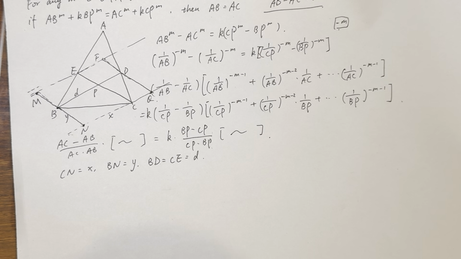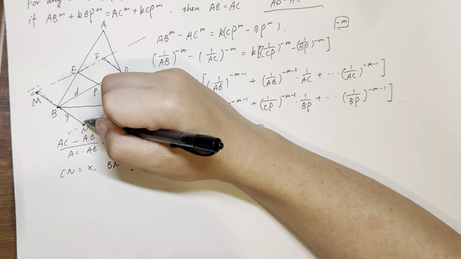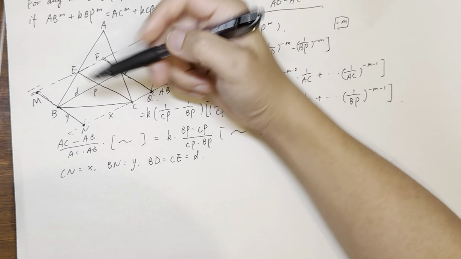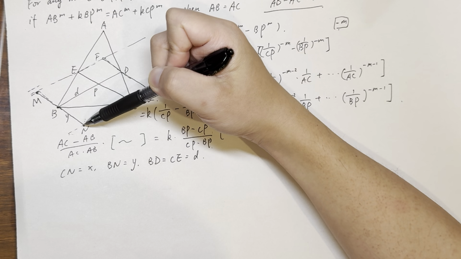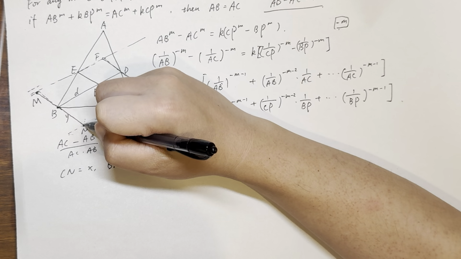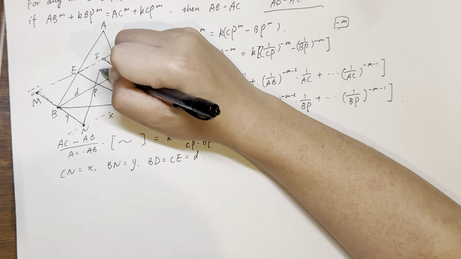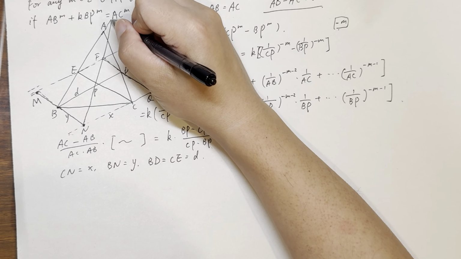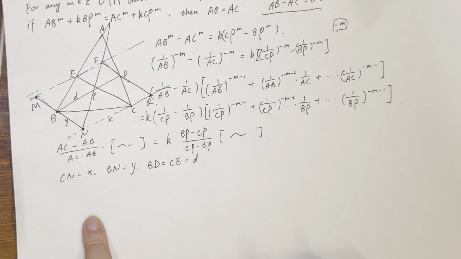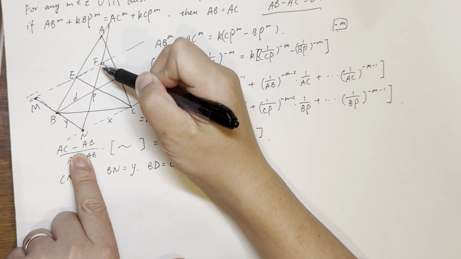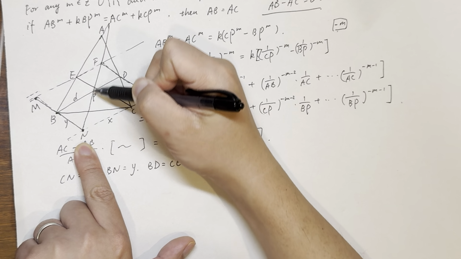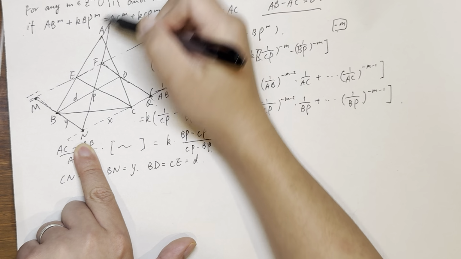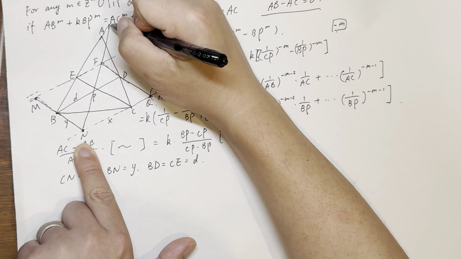The first thing we want to prove is, let's find the relationship between N, F, and A. So let's do this. Assume the line NF meets AB at a point.